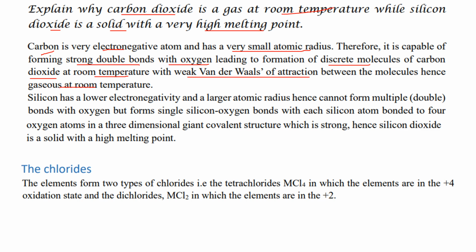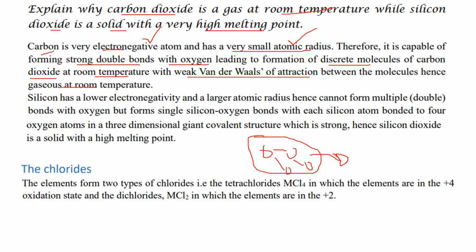Because since these molecules are joined by weak van der Waals forces of attraction, you'll find that molecules are going to be sparsely present in matter. So being sparsely present in matter, it makes it exist in gaseous state. But the main reason for that is due to its small atomic radius and also it being the most electronegative atom among all the other atoms of the group 4 elements.